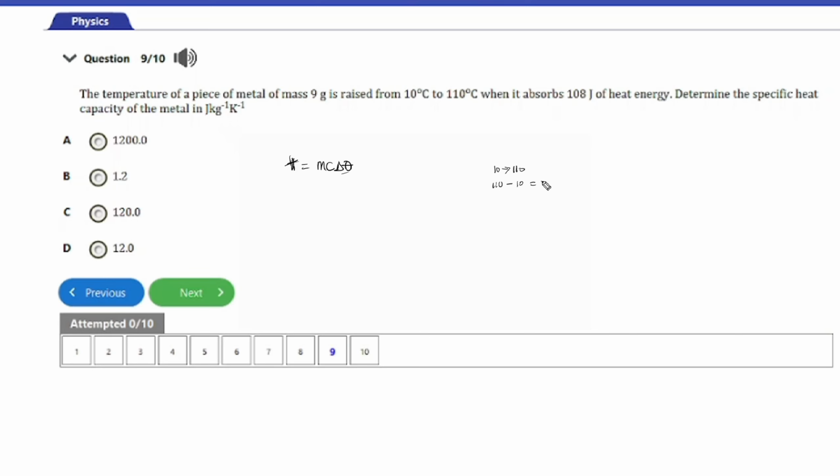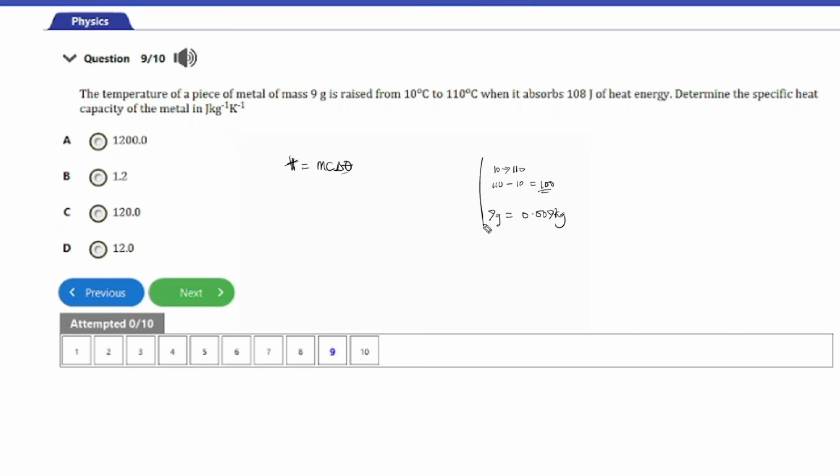So we also have the mass here, but the mass here is in grams. Since the specific heat capacity is in joule per kilogram per Kelvin, we're going to convert this mass to kilogram, and that's 0.009 kilogram.